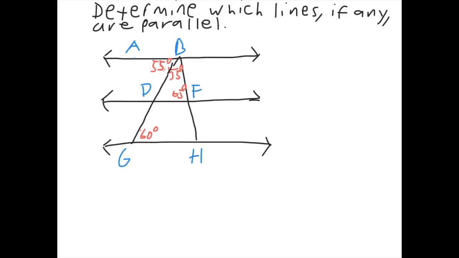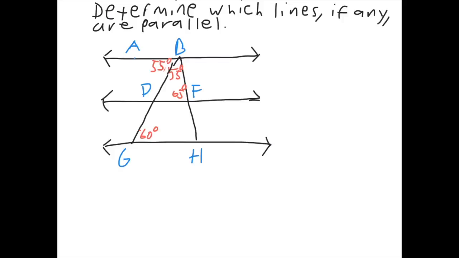Determine which lines, if any, are parallel. So we have some measurements here, and we want to use those measurements along with the theorems we just talked about to determine which of these lines, if any, are parallel. First thing I see is a triangle, triangle BDF.